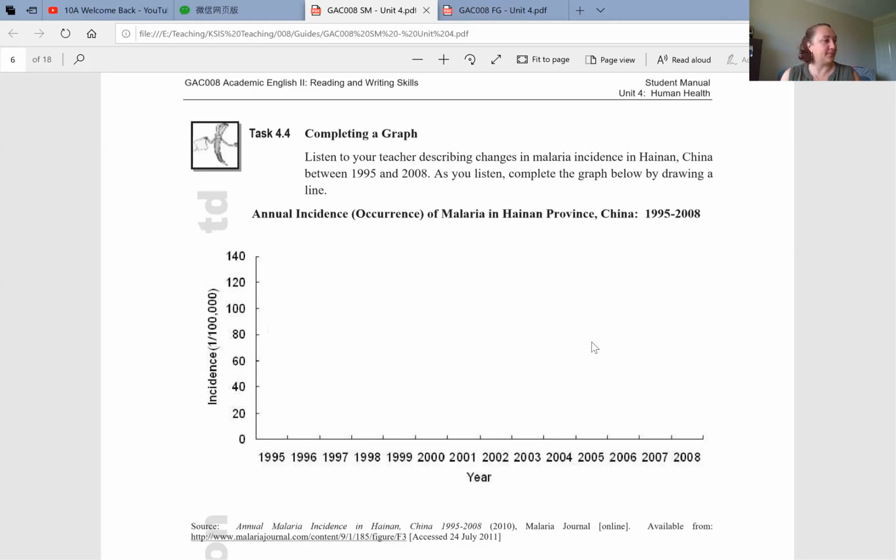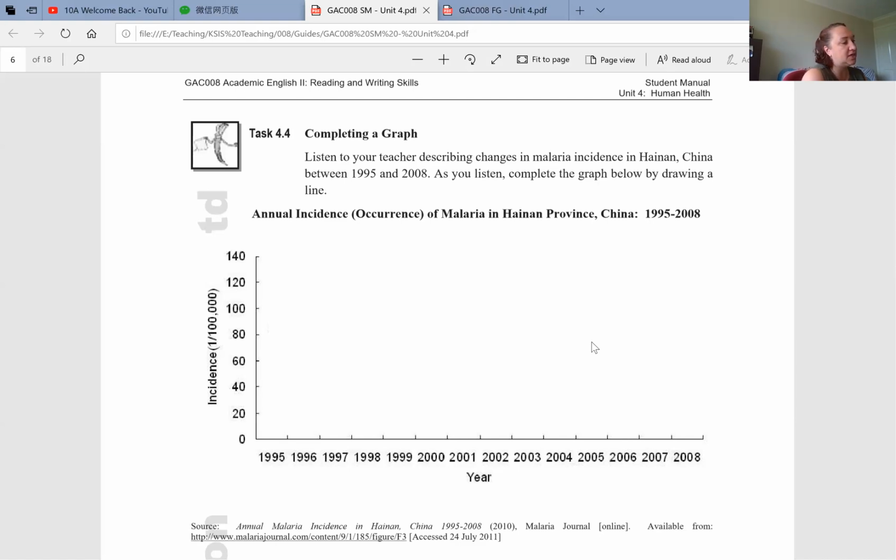Okay, so here we go. Again, it says annual incidence or occurrence of malaria in Hainan province, China, 1995 to 2008. This graph traces the annual incidence of malaria in Hainan, China between 1995 and 2008.